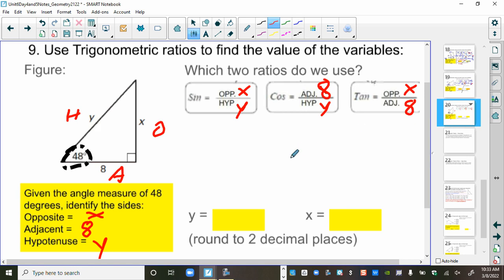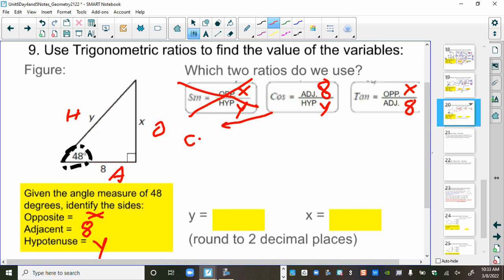Okay, let's look at this one. Which one can we not use? That one's out of the game. Now, this one's going to be a little tricky. So we use this first one. Do we have to solve for Y and X in order? No. So we're going to do cosine first. We're going to take this one down here.